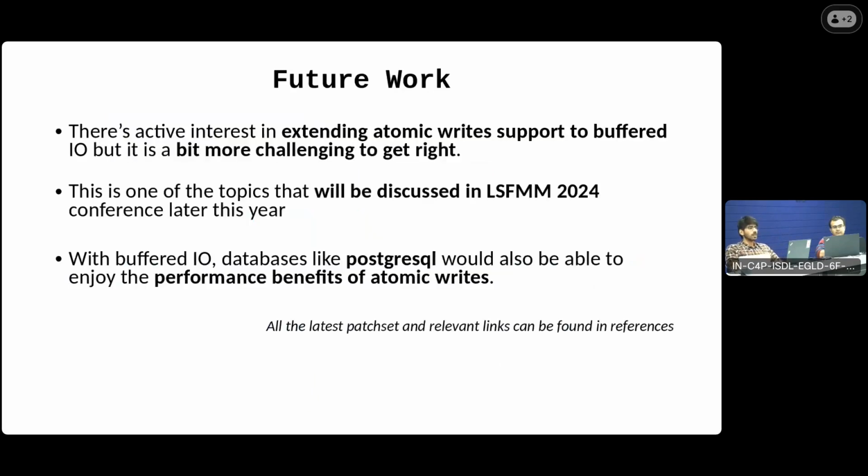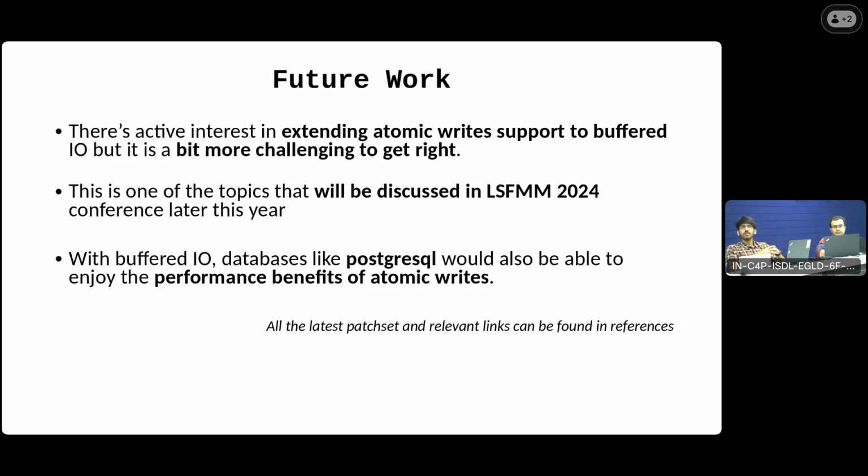Coming to the future work, right now we talked about the direct IO path, but there's also active interest in supporting atomic writes in buffered IO. Although it's a bit more challenging to get it right, because, as Ritesh pointed out, buffered writes also involve the page cache, and they have a bit more complexity, because when the write is actually being performed, all the data about how much the user wrote and what the user's intent was, which part is atomic, which is not, this kind of information is lost.